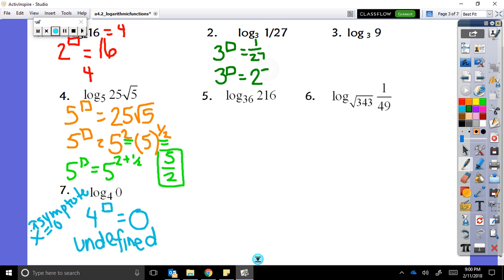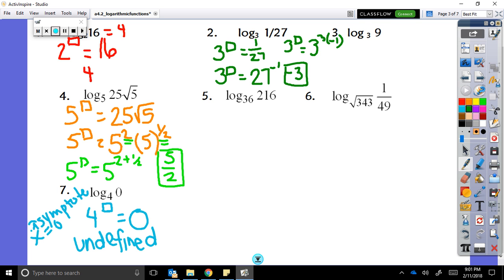But we're really dealing with 27 to the negative 1. Okay, and then I've got to know how 3 and 27 are related. So 3 to the what equals, well, 27 is 3 to the third, but then I still have that negative 1. So 3 to the what power is 3 to the negative 3.